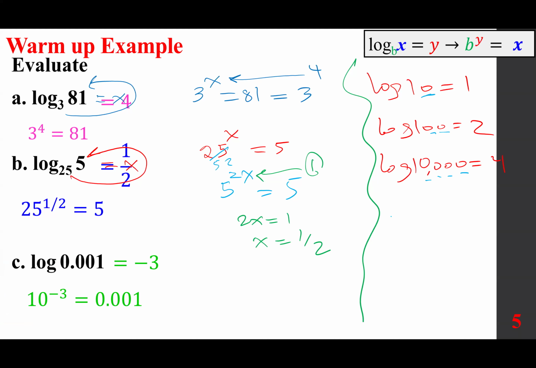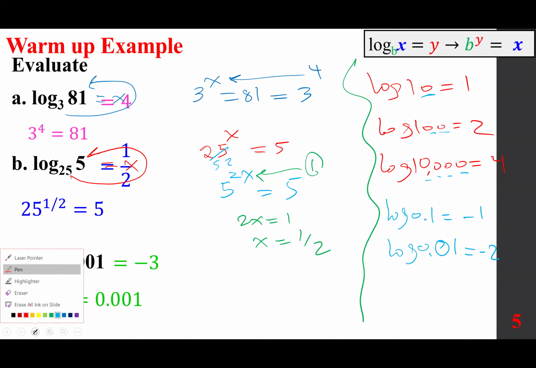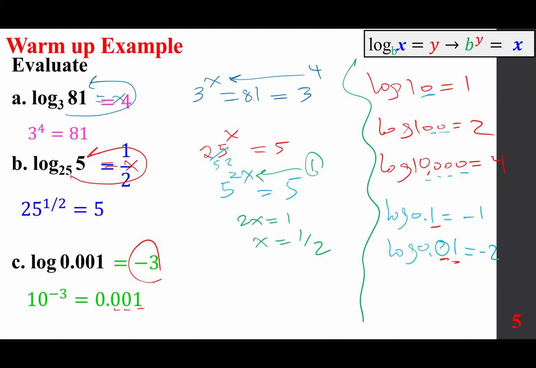When it comes to decimals, log of 0.1 is -1. Log of 0.01 is -2. This has one decimal. This has two decimals. And this one has 1, 2, 3 decimals, so -3. So this is just to remind you how we dealt with common logs.